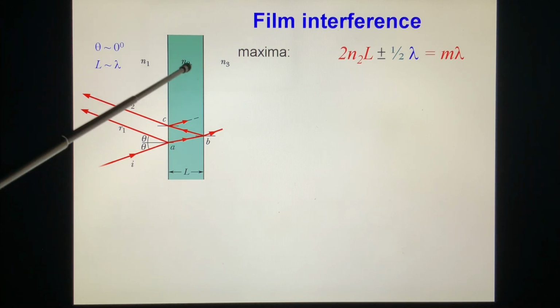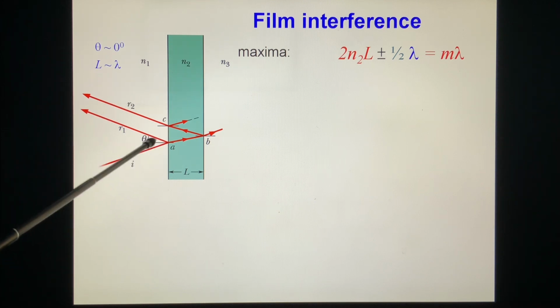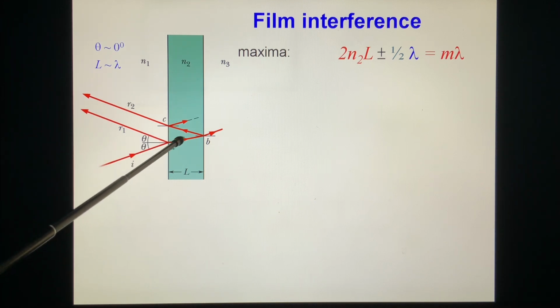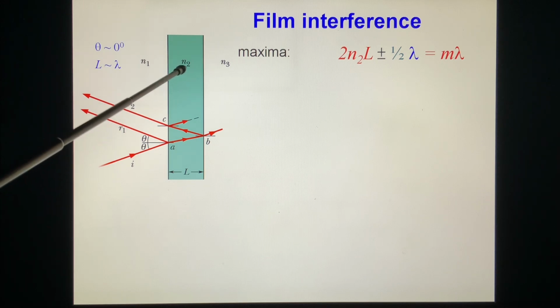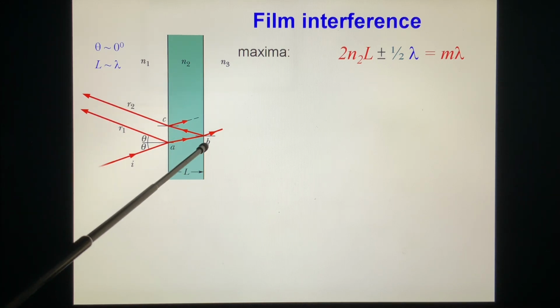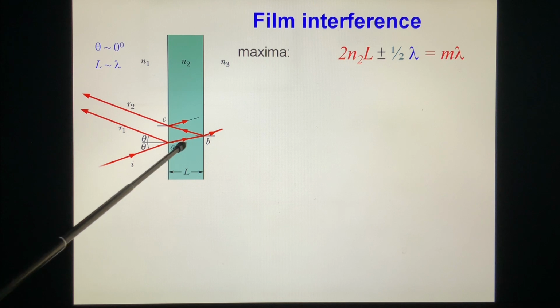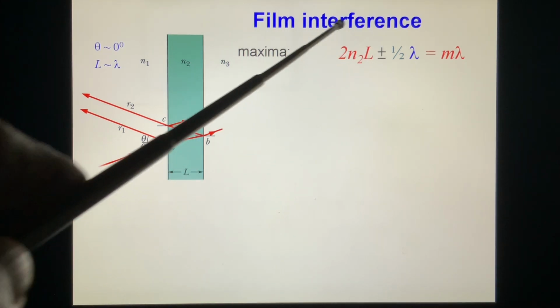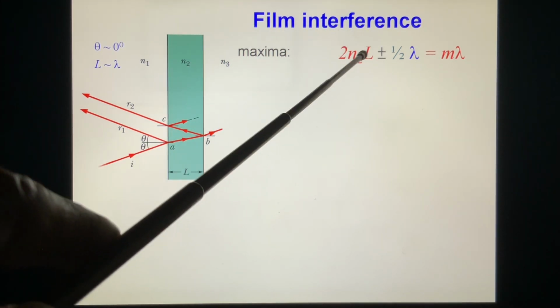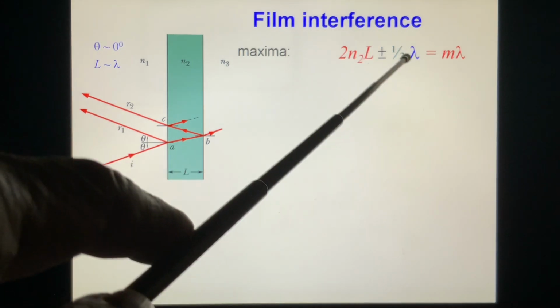If this is larger than the other one, then we see here, you have higher means half. If this is smaller than these two, then here you have higher and half. So anyway, besides the distance 2nL, you have a half lambda phase change.